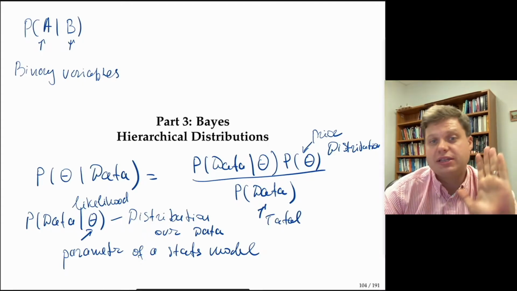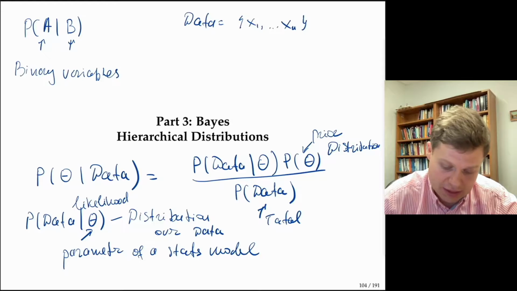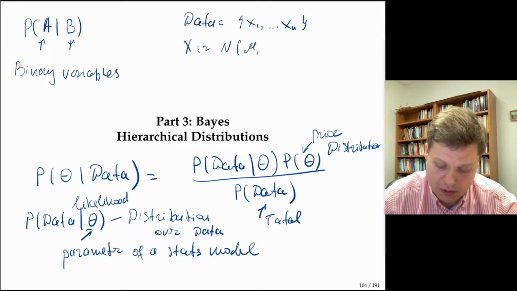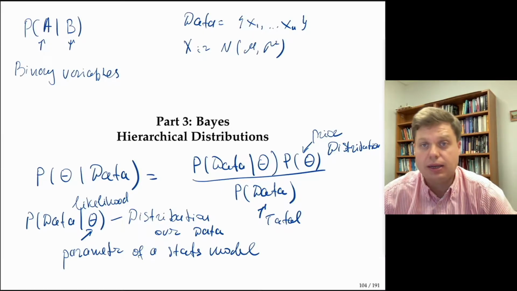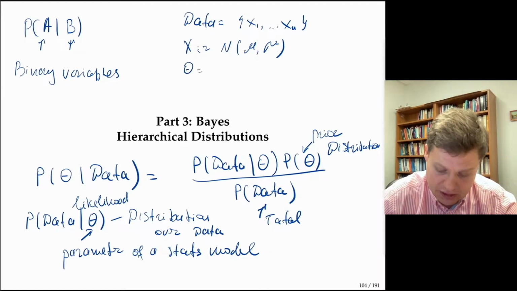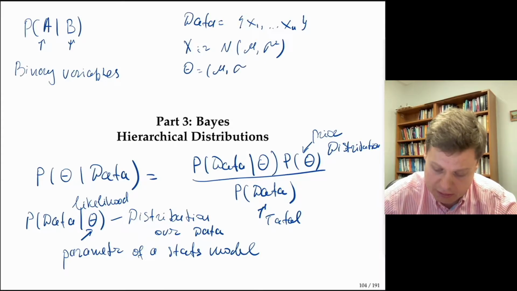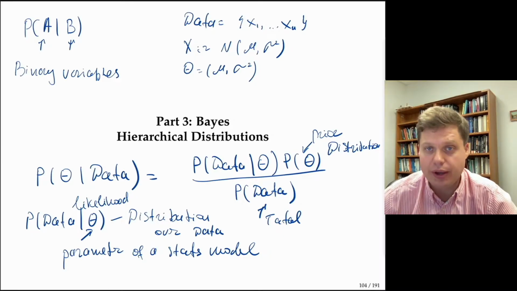So let's do a quick example. Let's say we assume that data is just a sequence of observations, x1 all the way to xn, and let's assume that each observation is IID normal with some parameter mu and variance sigma squared. So in this case, parameter theta is a vector with two entries, mu and sigma squared.